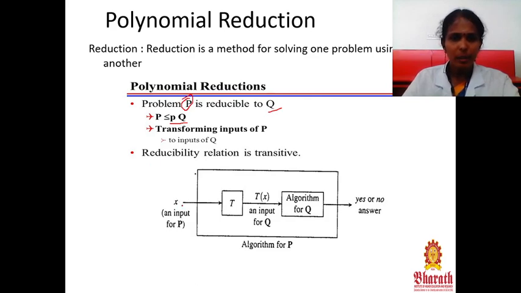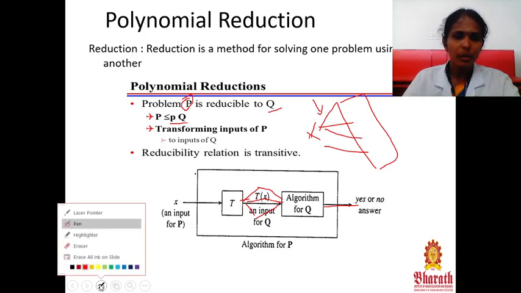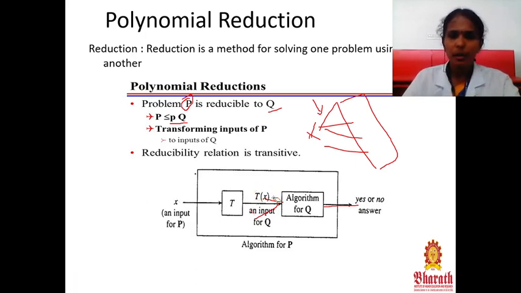See this schematic diagram: this is the entire large problem as input, and I divide it into a few problems with a separate algorithm for each. I combine them into one algorithm and find the solution. So the entire problem is split into small problems, and I apply an algorithm to each to make a solution for the entire problem. That is polynomial reduction. By using polynomial reduction I can easily solve NP problems.